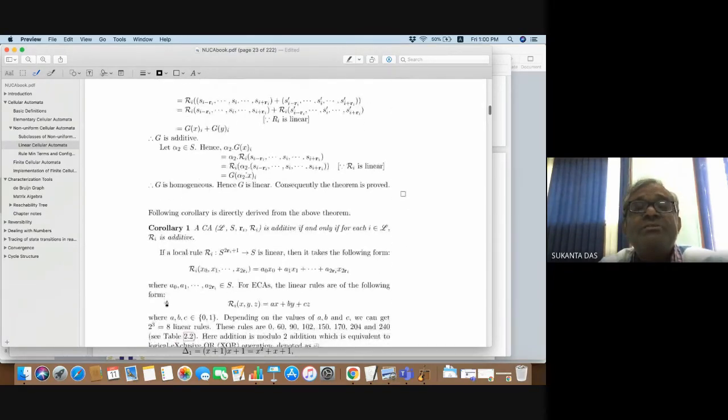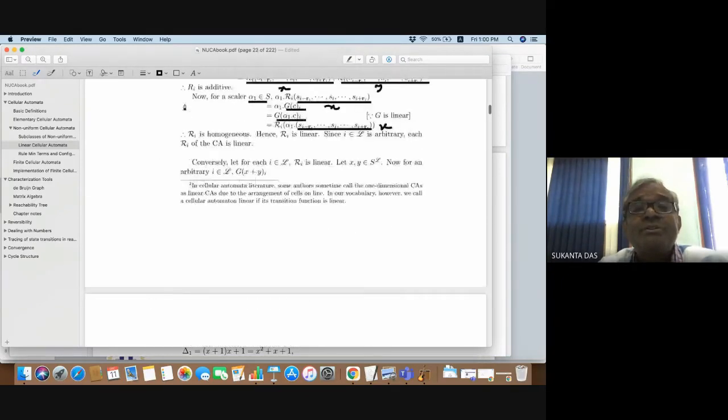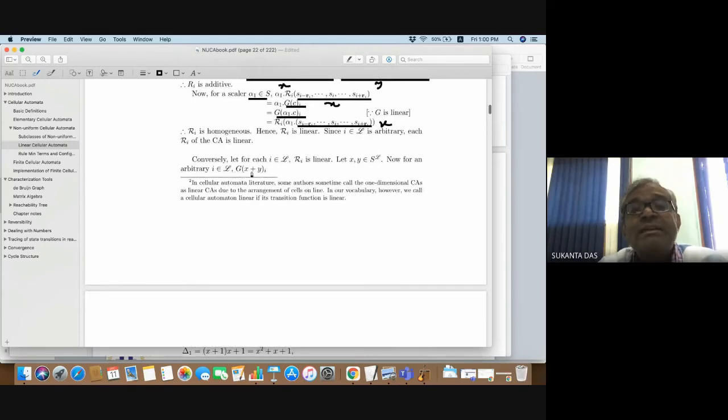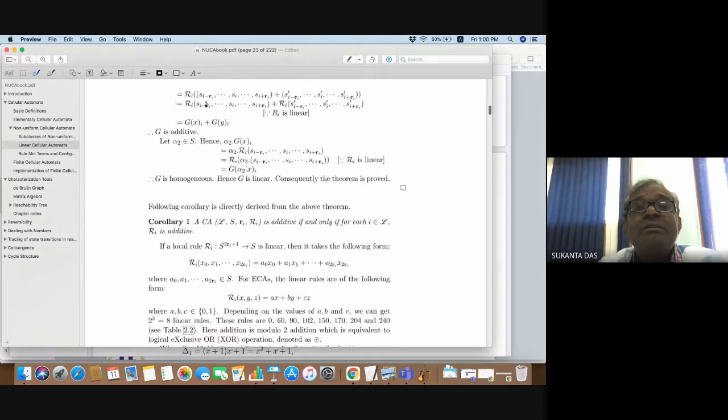You can see here what I get from what I have written: g of x plus y at i. This is g of x, a part of x, and a part of y, two configurations, giving Ri of x plus y.